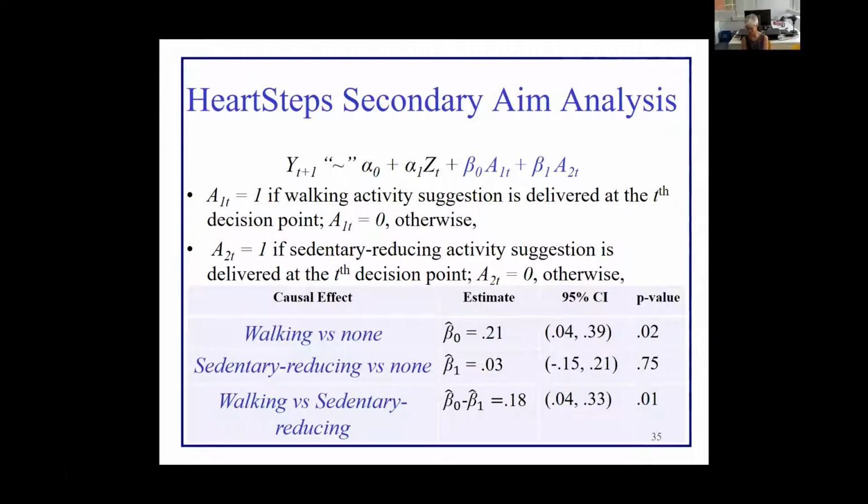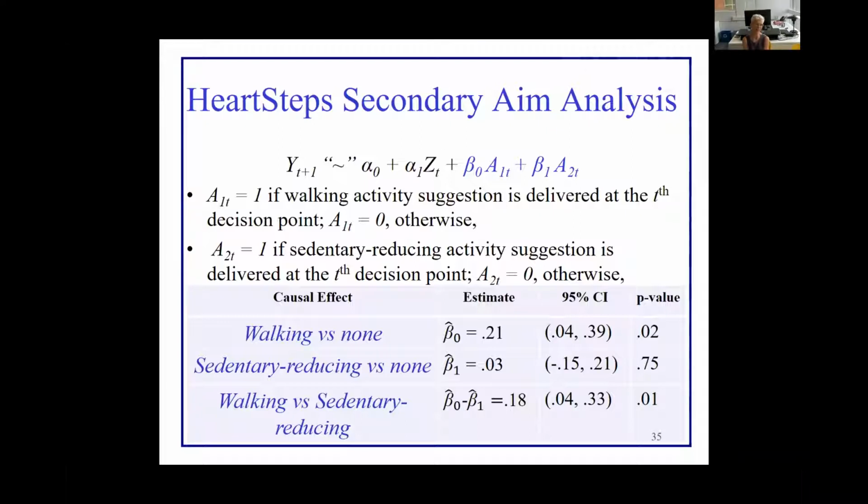The results. So you see at the beginning it looks like we have an impact of the walking, the more burdensome messages versus no message at all. That actually, 0.21 translates to about a 23%, around 60 steps more in the next 30 minutes.